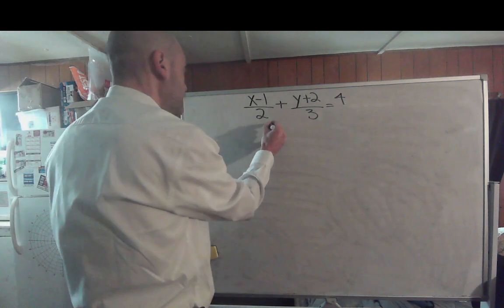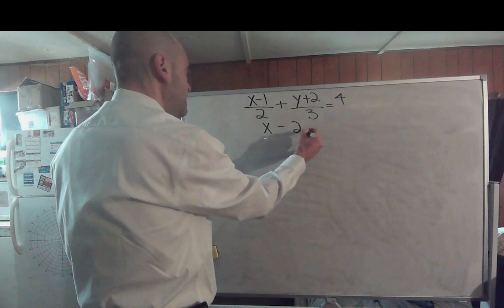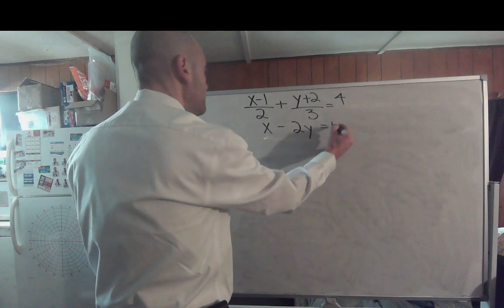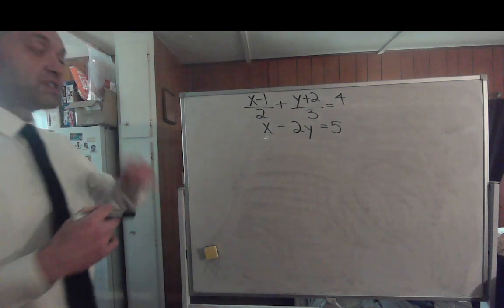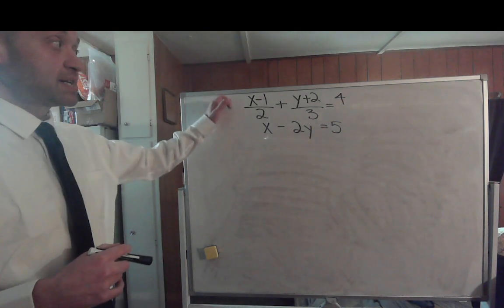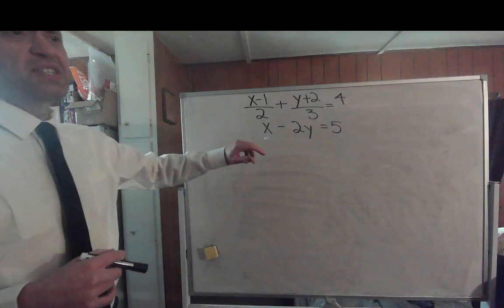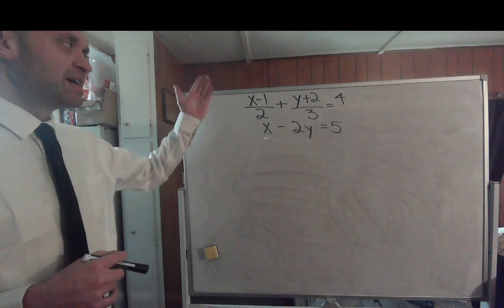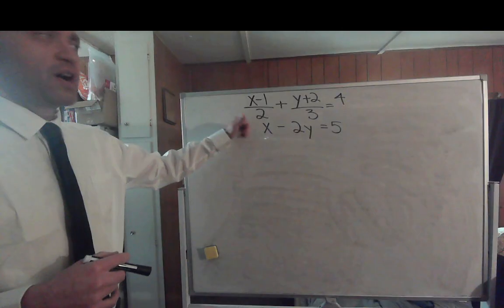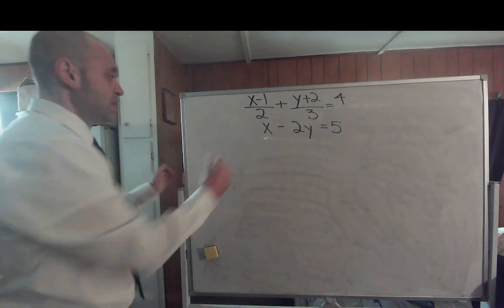And then x minus 2y equals 5. So another system where you have a more complex type of fraction. I shouldn't say a complex fraction, but it's a little bit different type of fractions than the first one.